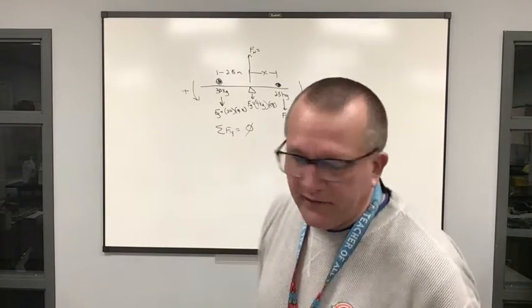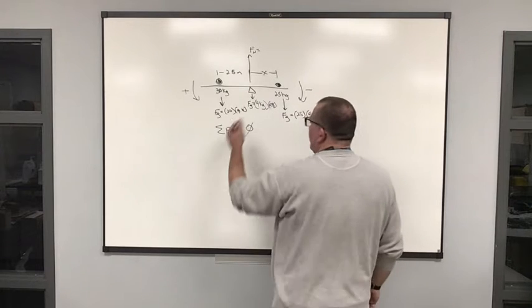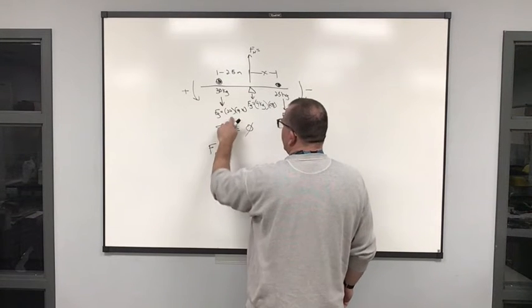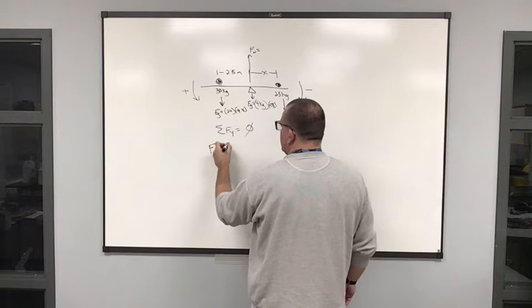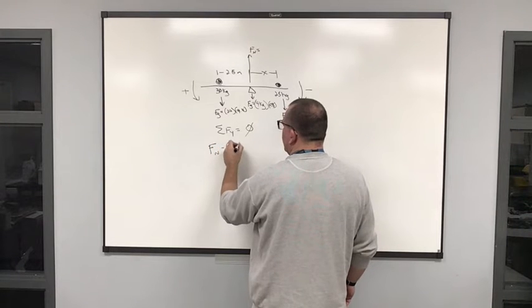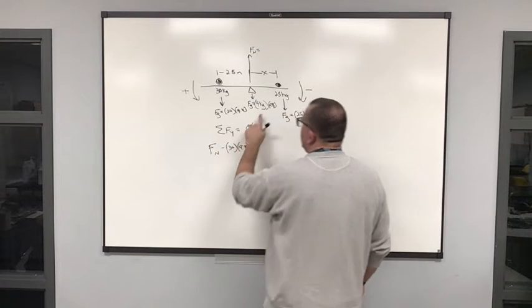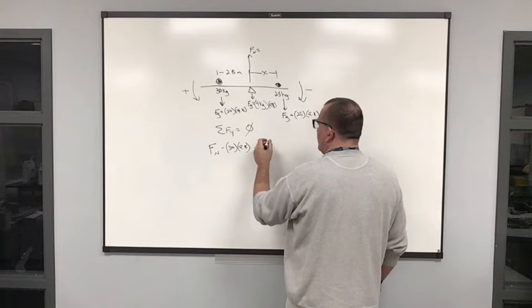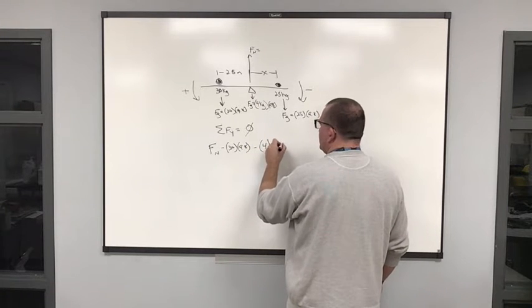So I want to add up my forces. In the positive, I got normal force. In the negative, I got this weight, right? Which is going to be negative 30 times 9.8. I got the board, which is negative 4 times 9.8.